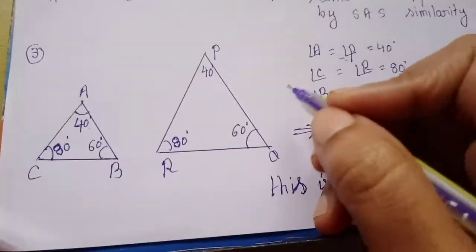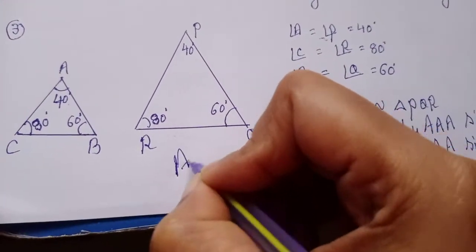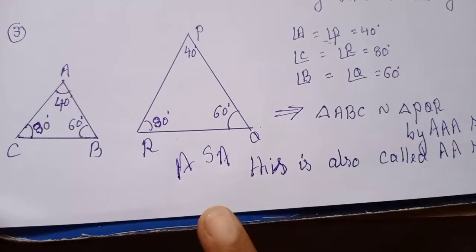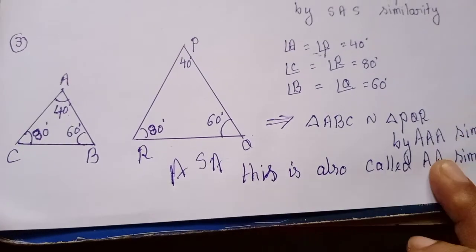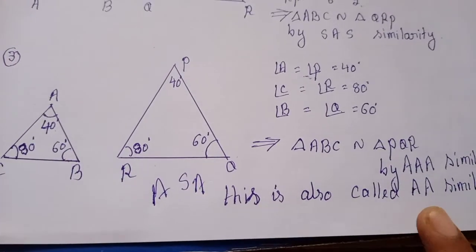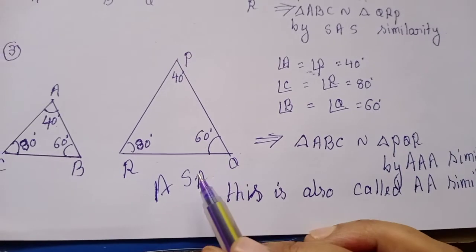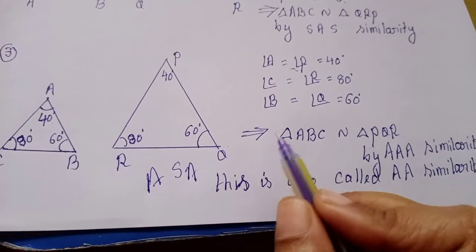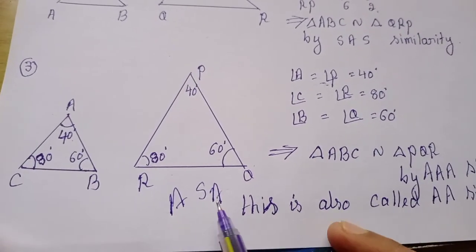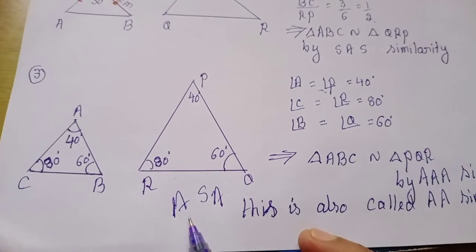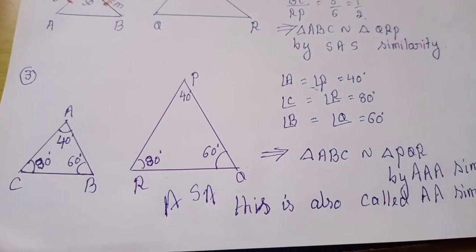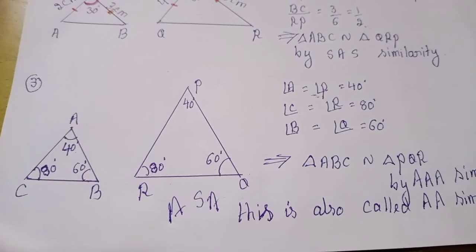Whenever you go for ASA, the other condition, ASA also comes under the same third case, AA similarity. We can't show that one single side is in equal ratio. That's why ASA will not exist, but if it exists it becomes angle angle similarity or AAA similarity.